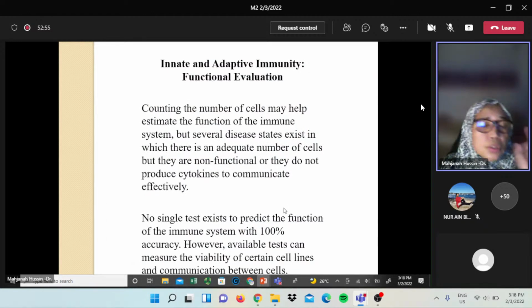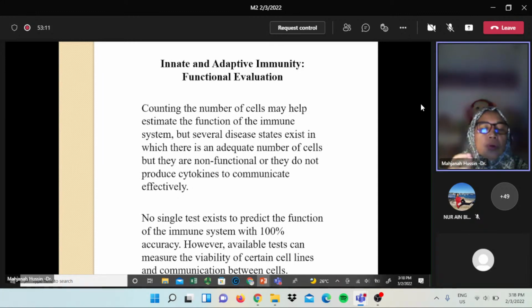All right. So not a single test can predict the immune system 100%. Okay, but there are many available tests that can measure the viability of certain cell lines and how they communicate between cells.